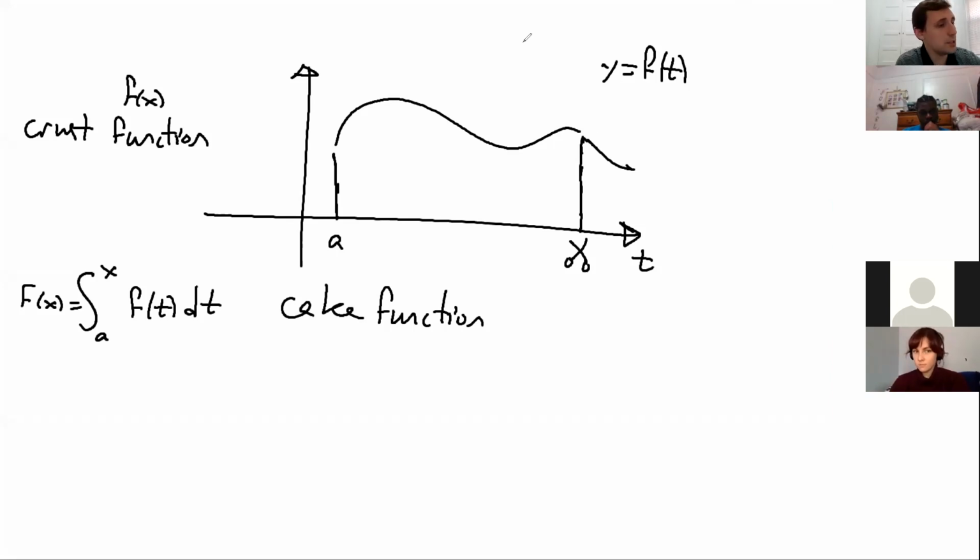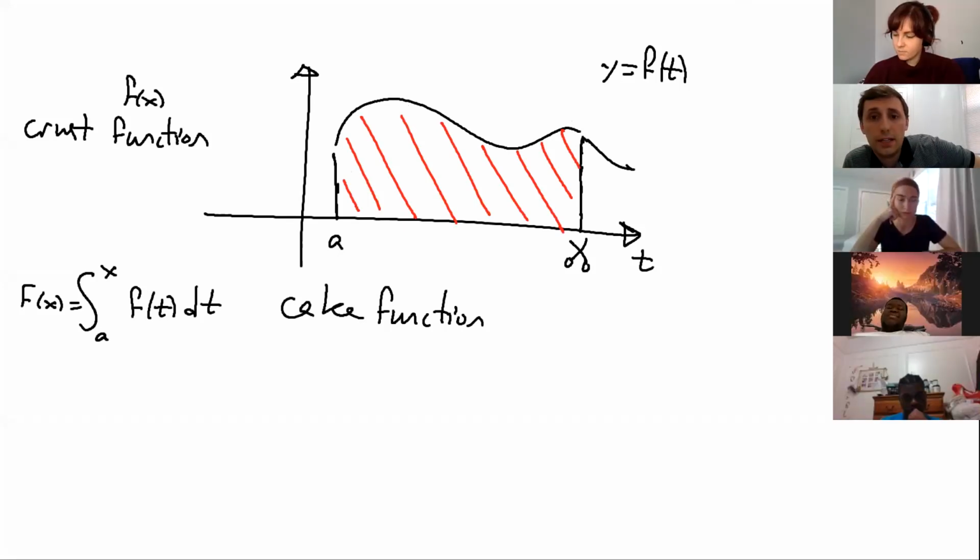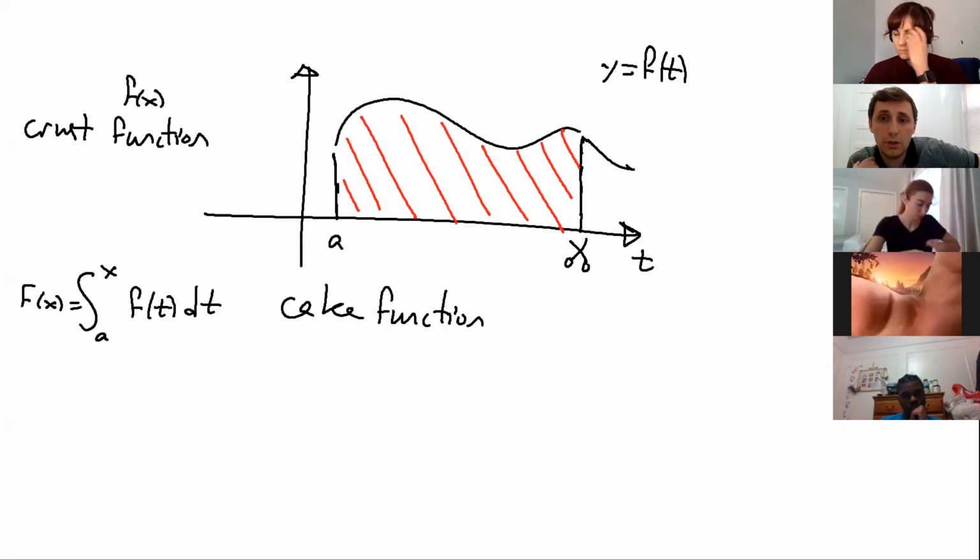And the cake function is just giving us this region of cake. You're asking how much cake you want to get, and this cake function gives you, in our case, since it's Calc 1, a very flat cake. And this integration is just giving you the amount of cake that you're going to eat, how much cake.